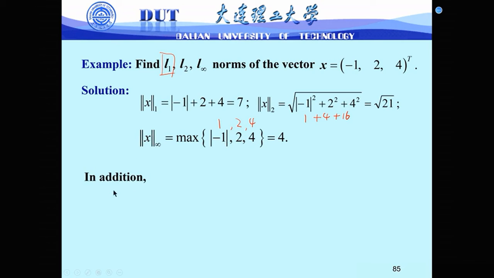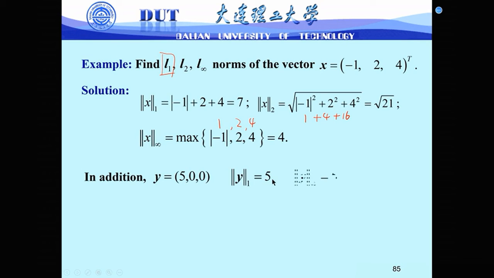In addition, now let's practice another vector, y equals 5, 0, 0. Also a special vector. For the L1 norm, the total score, the summation of the absolute values of 5 plus 0 plus 0, so it's just 5.